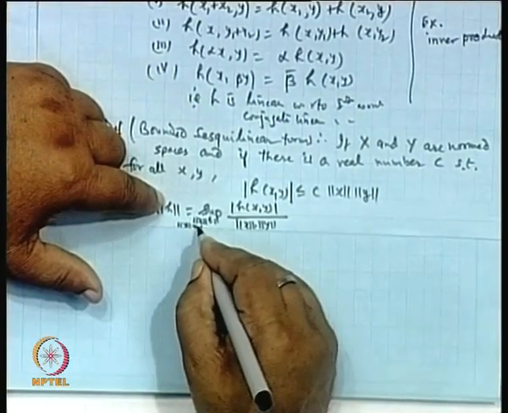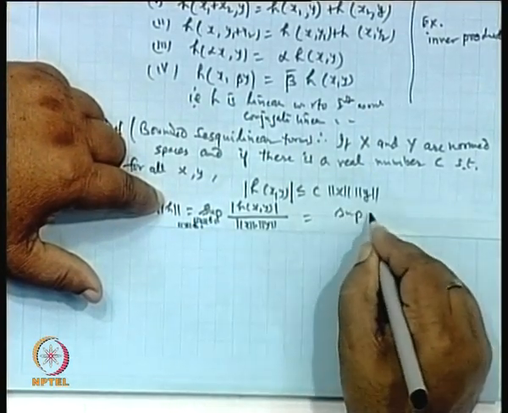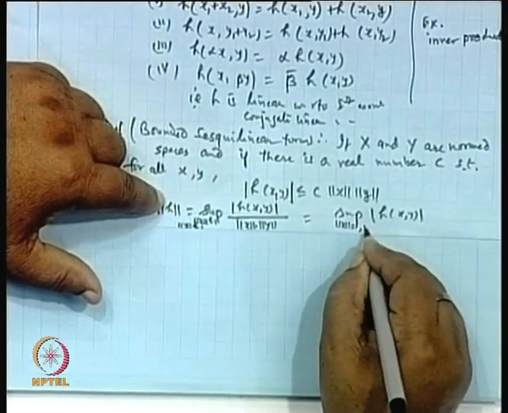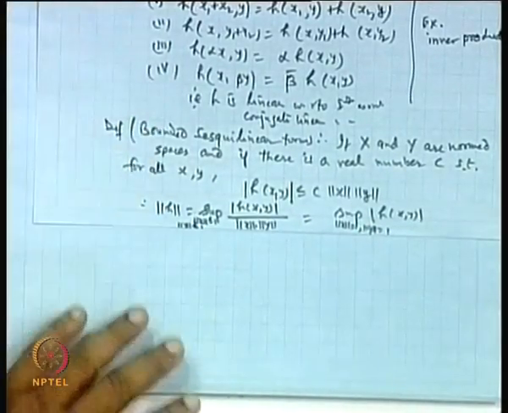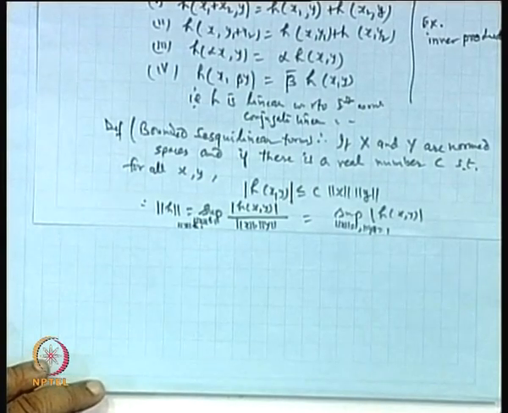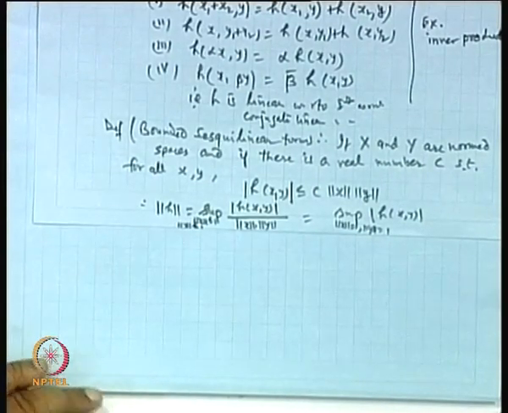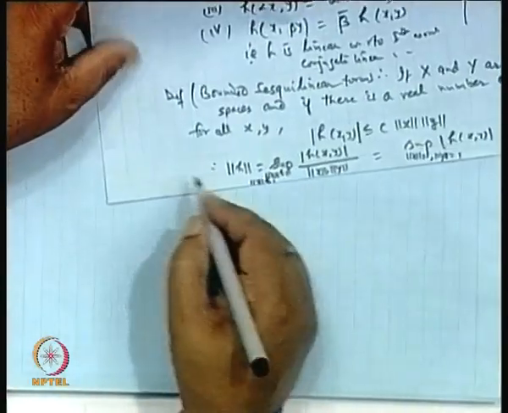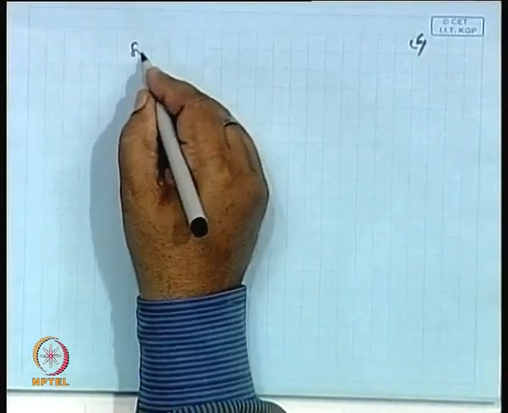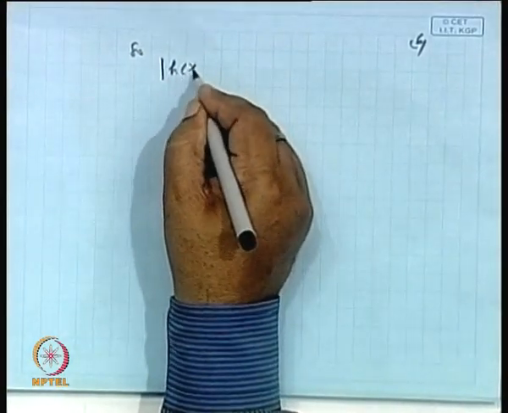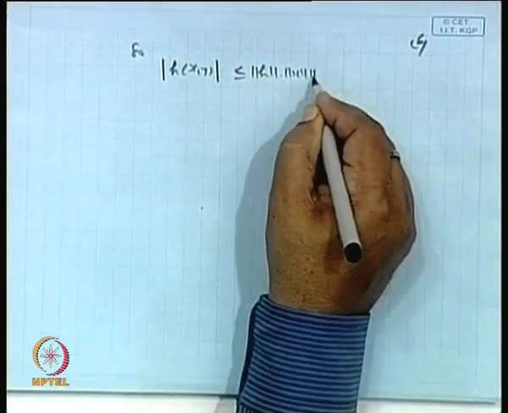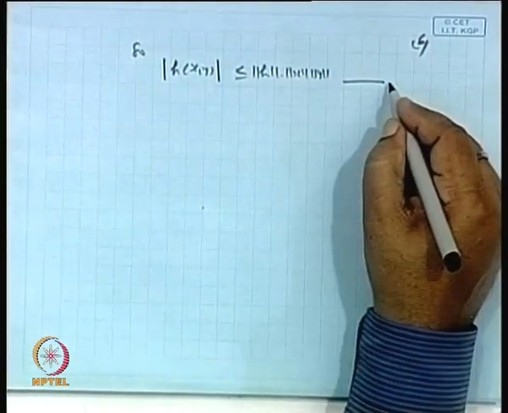That is the norm of H. Combining this, we get modulus of H of x comma y is less than or equal to norm H into norm x into norm y, and this condition is satisfied.